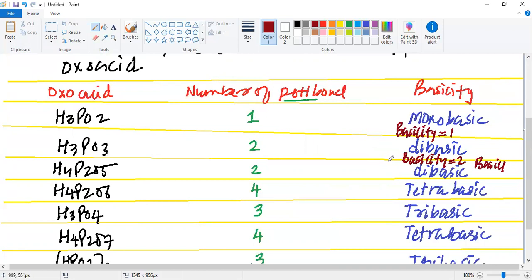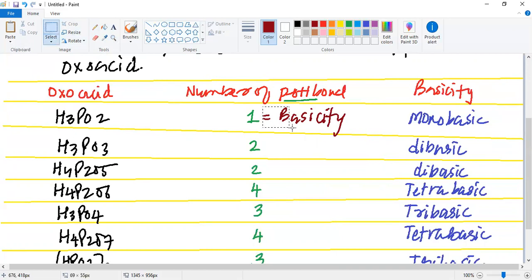Or my dear students, we can even write it this way, that the number of P-OH bonds is also equal to basicity, and this is how we can write it for all. See, we can write the same for all of them.